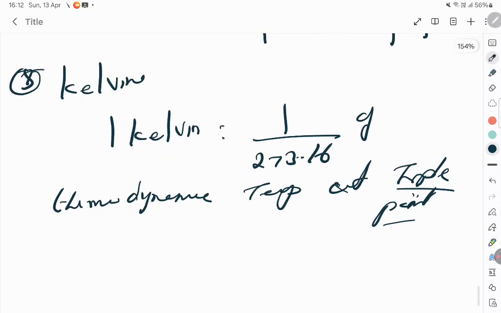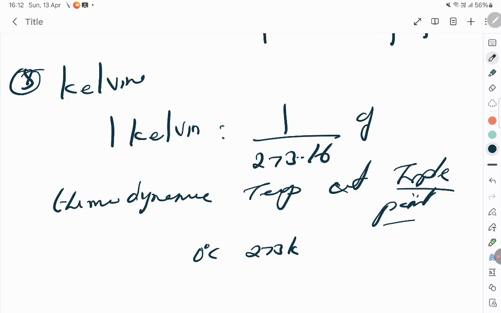In thermodynamics or physics, water can exist in 3 different states. You know, it can exist as liquid, as solid and also as vapor. The 3 states will exist at the same time. How is it possible? All the 3 states will coexist. And that temperature is 273.16. 0 degrees Celsius is 273 Kelvin.